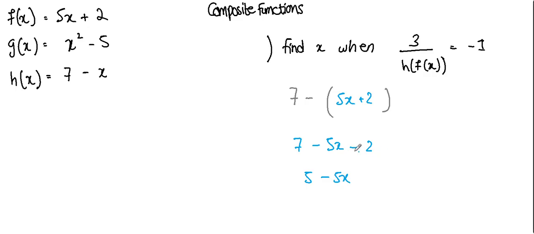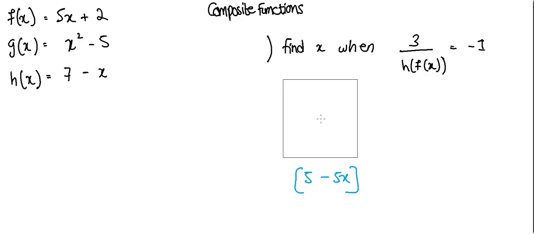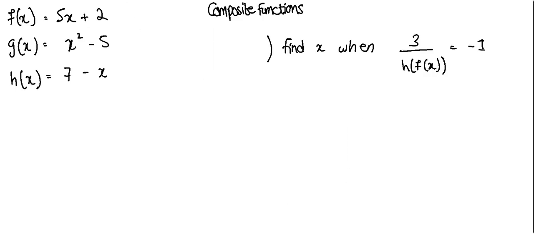Right? So this is the denominator as of yet. I'm just solving the denominator first. So 5 minus 5x is what we have in the form of a denominator, right? Okay, so let's just remove this. We'll get 3 over 5 minus 5x equals minus 1.